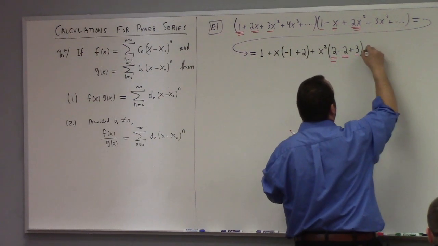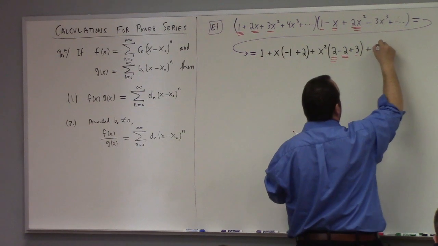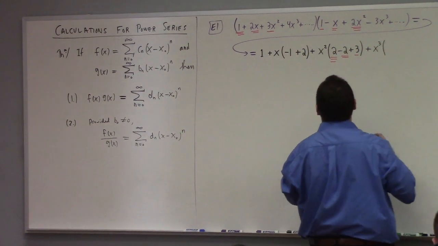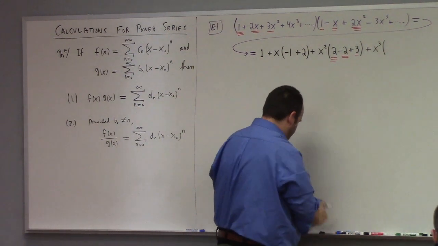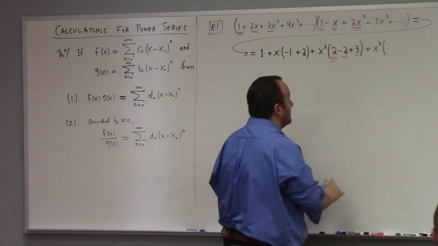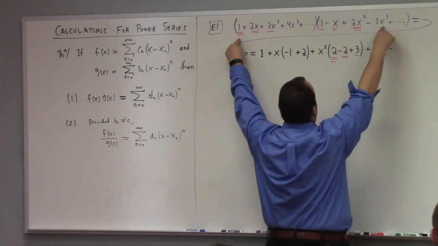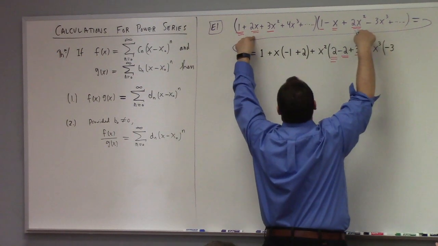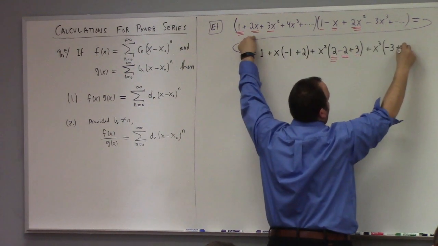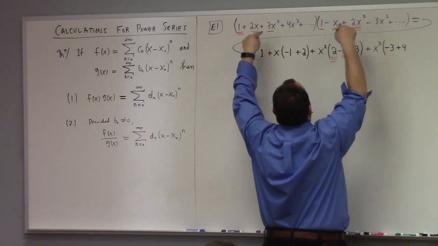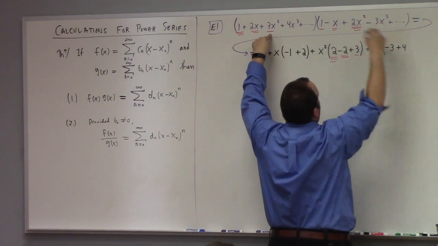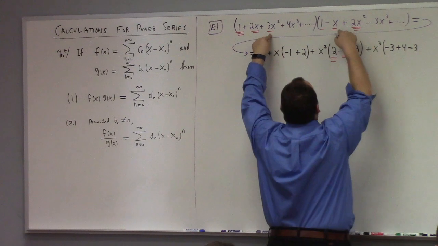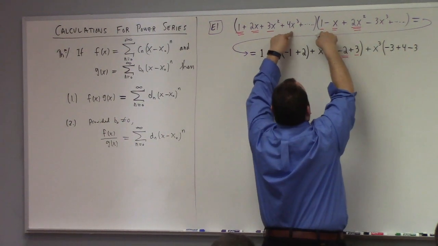This is the end of the road because of my problem statement that I just erased. So x cubed. Keeping with my pattern, I'll start with 1 times, I get a minus 3, plus 4, minus 3, and then finally plus 4 again.